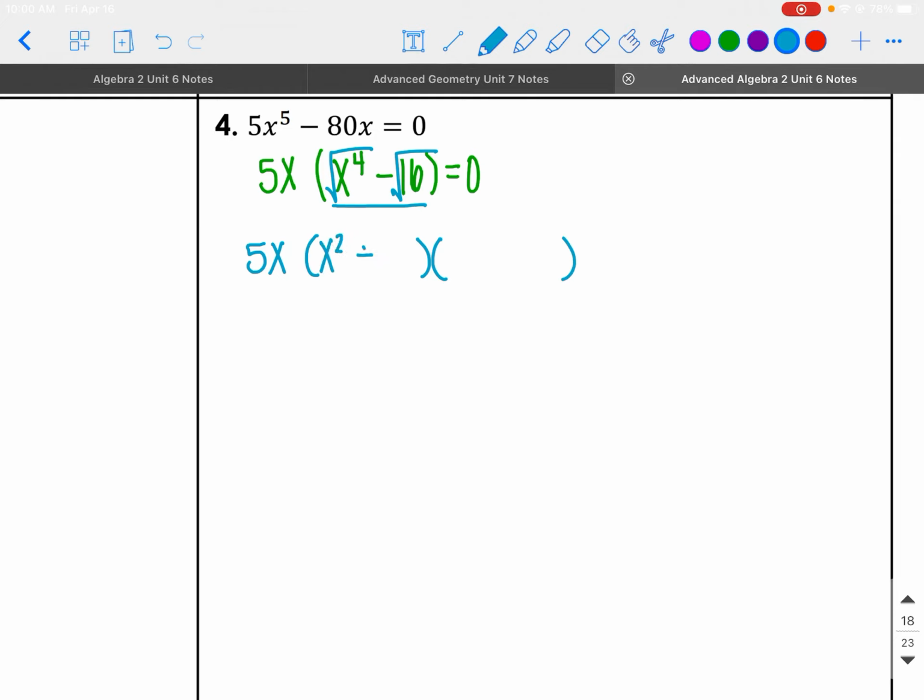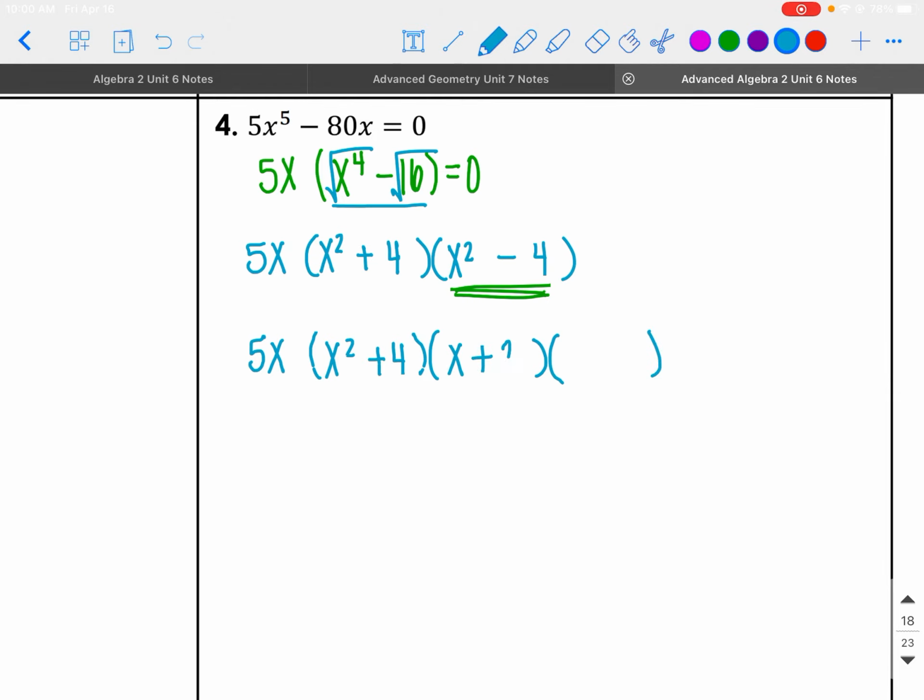So the square root of both of those, we have x squared plus 4, x squared minus 4. Guess what? This is a difference of squares. So this stays. This stays, and then we have difference of squares. x plus 2, x minus 2.